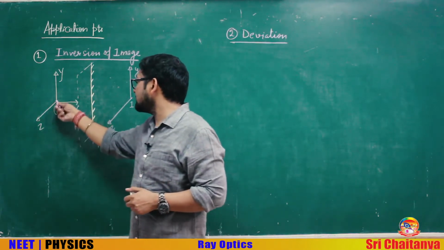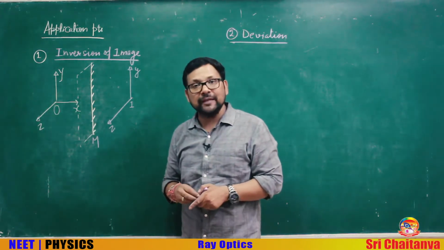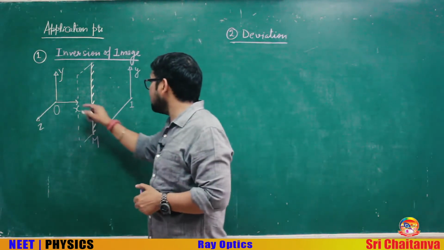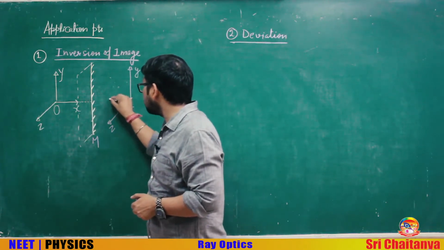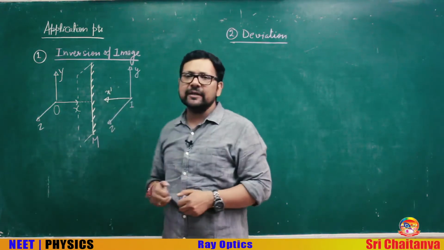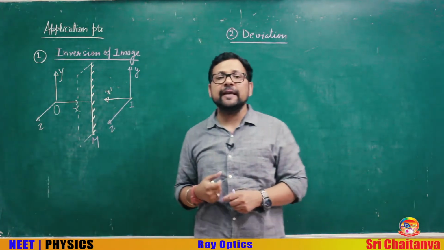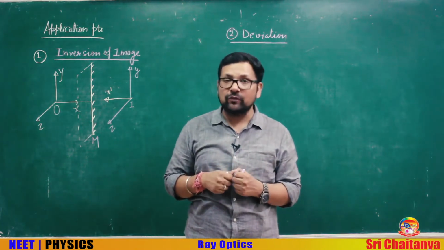The z-axis is the axis towards you, and it is again not normal to the plane of the mirror. The x-axis was perpendicular to the plane, so only the inversion takes place along the x-axis, giving x dash. So inversion takes place along the axis which is perpendicular to the plane of the mirror.